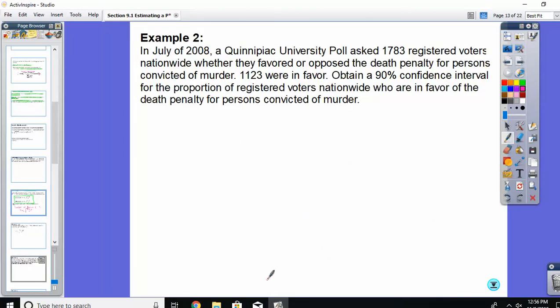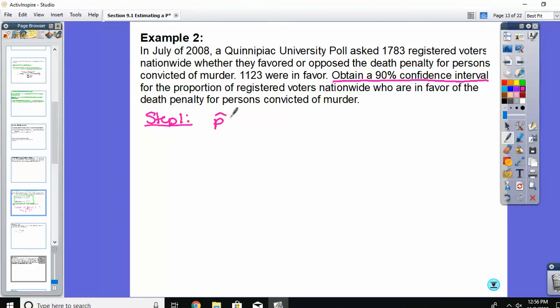So let's look at this. Let's go back to that example we did earlier where we found our p-hat. I want to now create a 90% confidence interval. On example 1, we found our p-hat. That is your first step always.